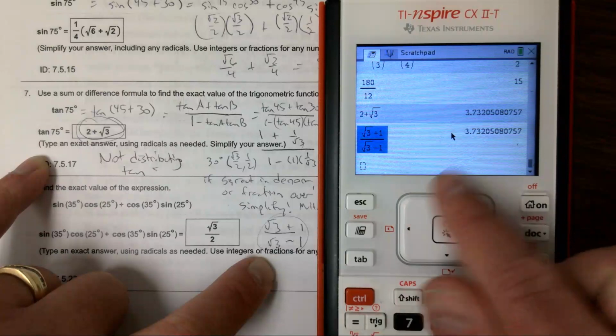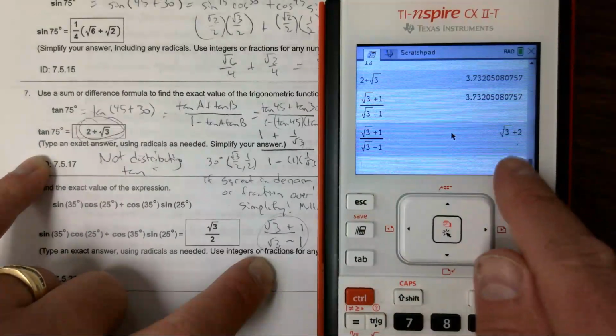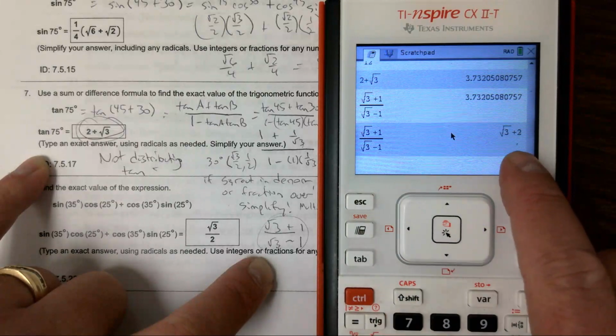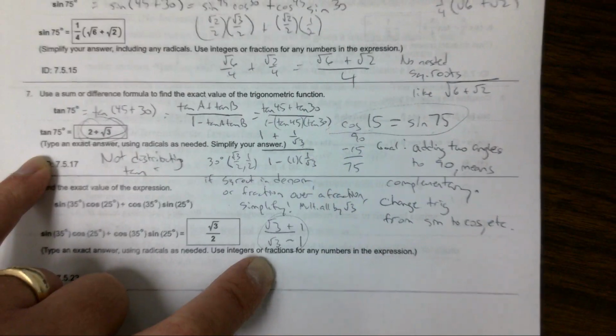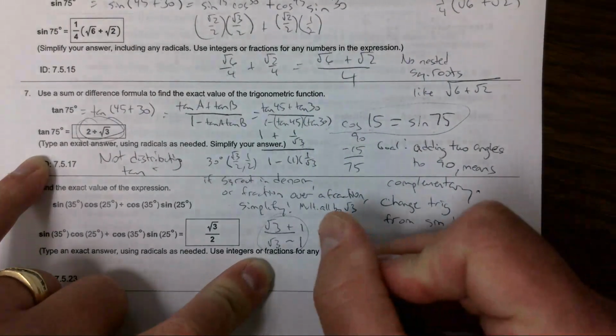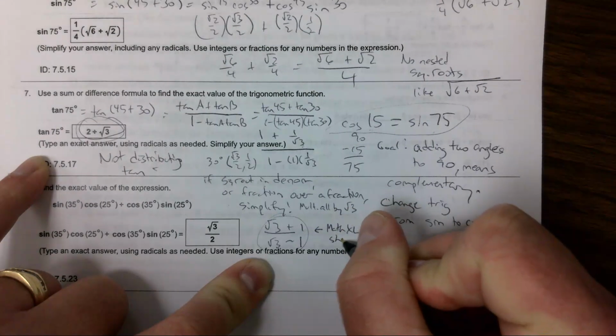Now, let's see what happens on the teacher calculator. That did simplify it, but I know y'all's doesn't do that. So to get that, I'd say Math Excel should accept it.